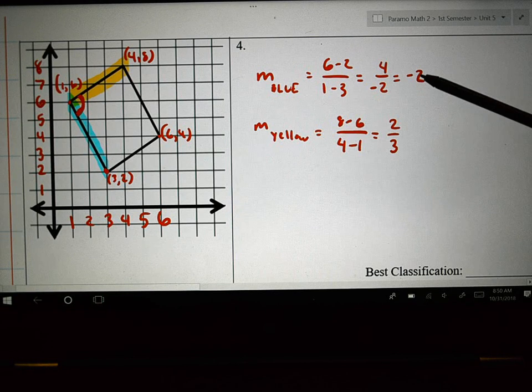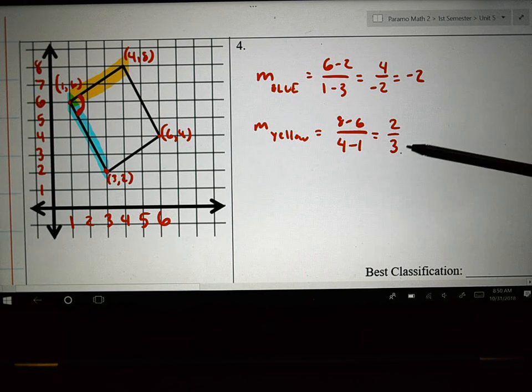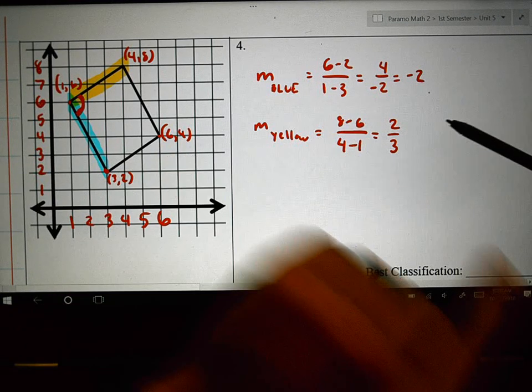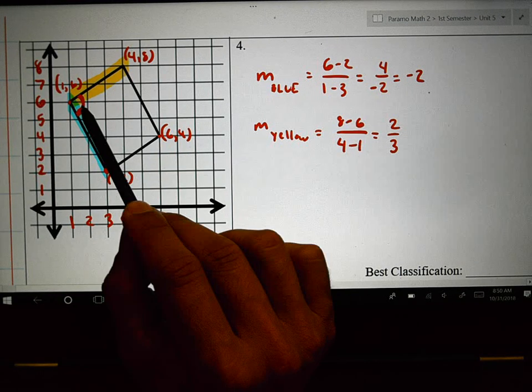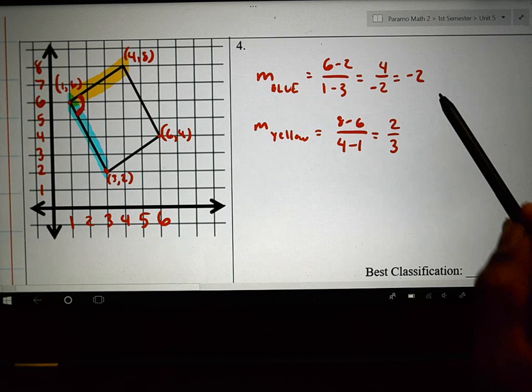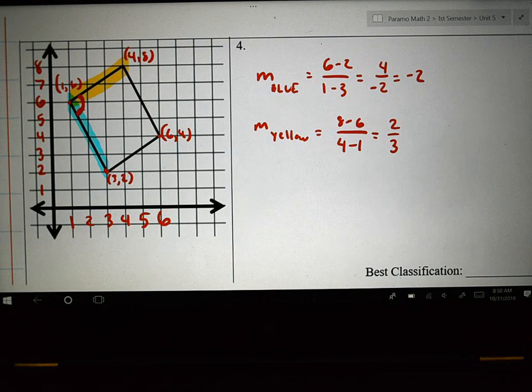One's a negative, one's a positive. Yes. Are they reciprocals of each other? This is negative 2 over 1. This is 2 over 3. Are they perpendicular? Are these opposite reciprocals? No. This is not a 90-degree angle because the slopes do not make opposite reciprocals.